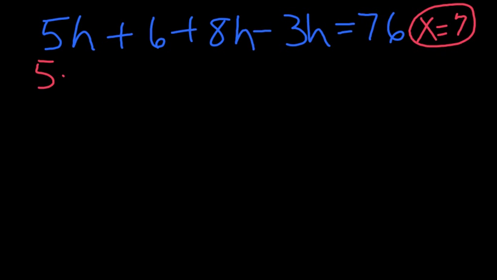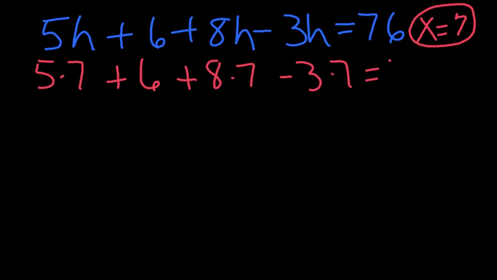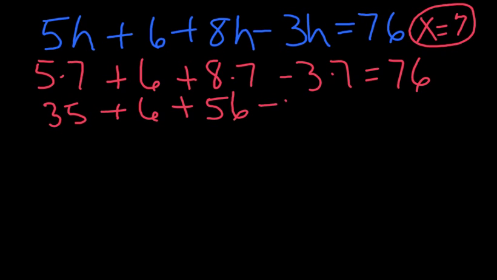So 5 times 7 plus 6 plus 8 times 7 minus 3 times 7 equals 76. Now we have to do the math on this side to see if that's really 76. So 5 times 7 is 35 plus 6. 8 times 7 is 56 minus 21.